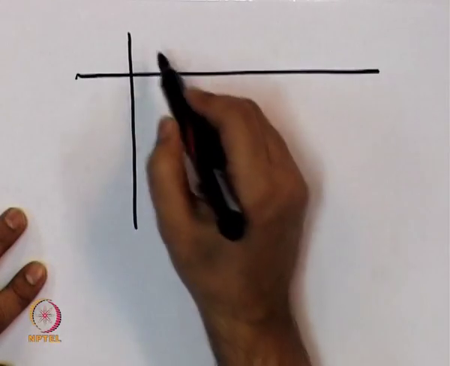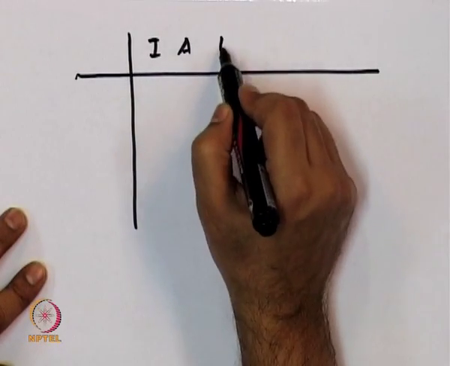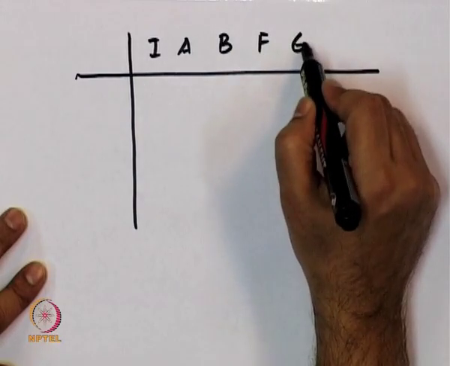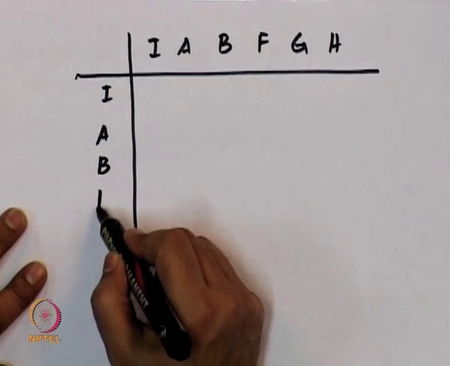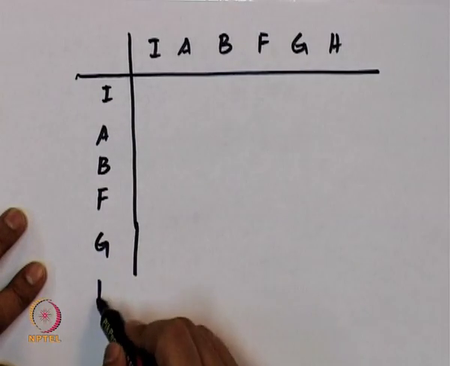So, if you take the operations I, A, B, F, G, H along both the rows and columns of a table.